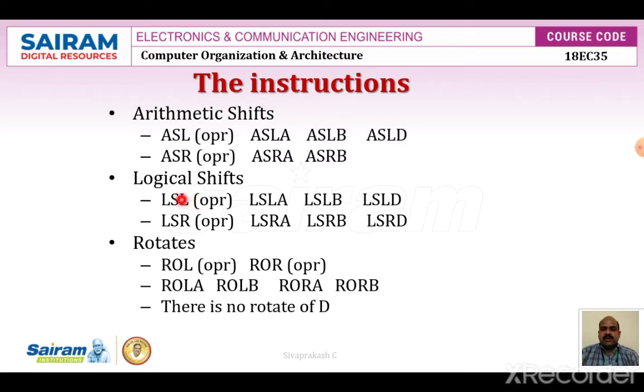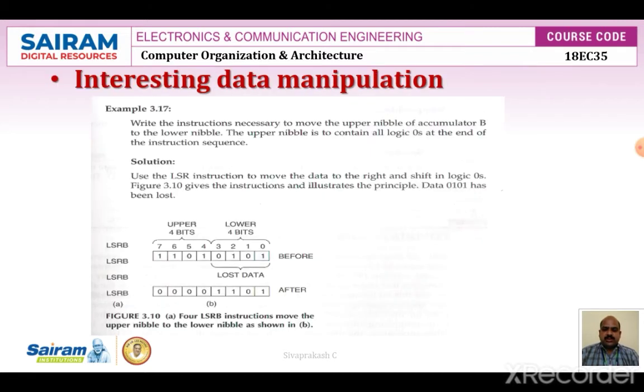In the logical shifts, there are logical shift left, logical shift right, and versions for register A, register B, and double. Coming to the rotate instructions: rotate left, rotate right, and for register A and register B, and there is no rotate double in the rotate instructions, as we have seen in the shift instructions.